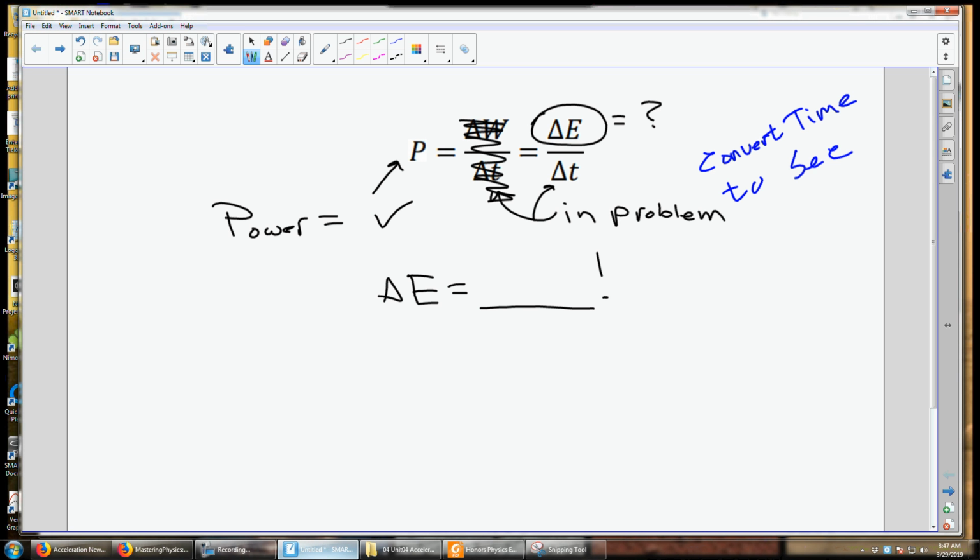The reason that we use seconds is because our power is in watts, so we need the power in watts, which is a joule per second. Therefore, we need time in seconds. And remember, in 1 hour, there are 3,600 seconds. So you convert whatever time is given.